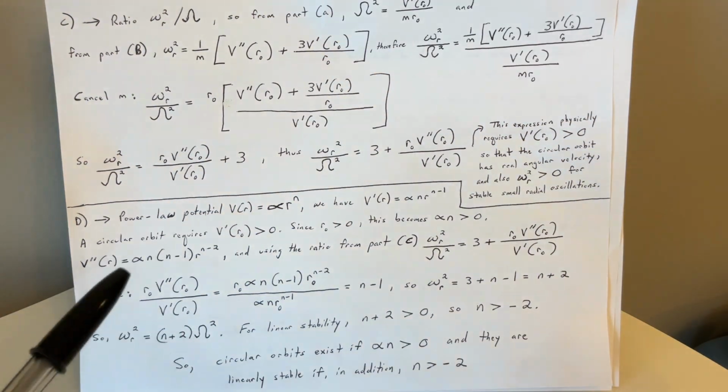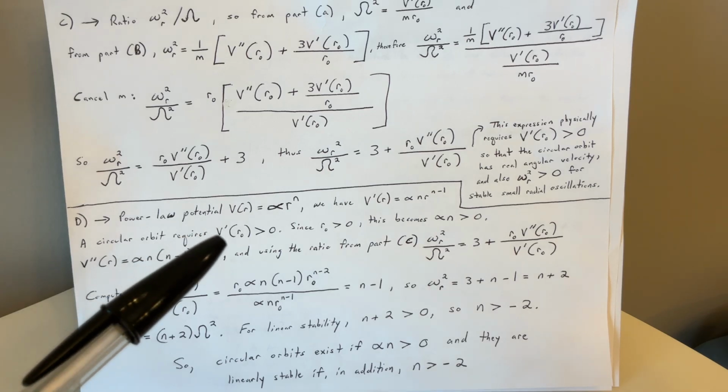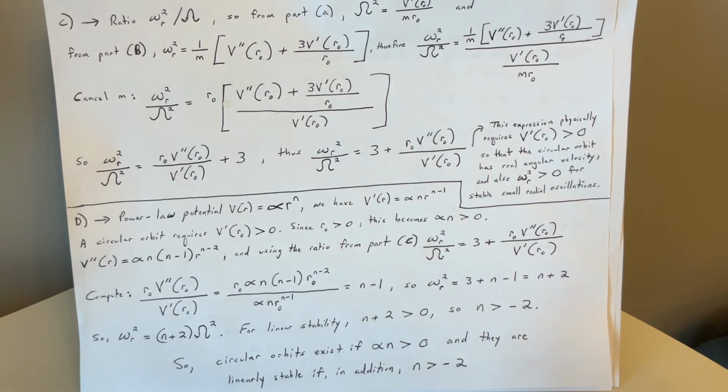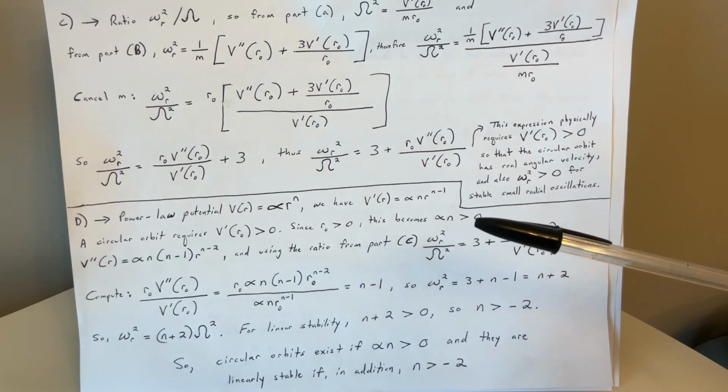So what we have here, power law potential, V of r equals alpha r to the n. We have V prime of r, taking the derivative there, it's alpha n r to the n minus 1. So a circular orbit requires V prime of r naught be greater than 0. And since r naught is greater than 0, this becomes alpha n is greater than 0.